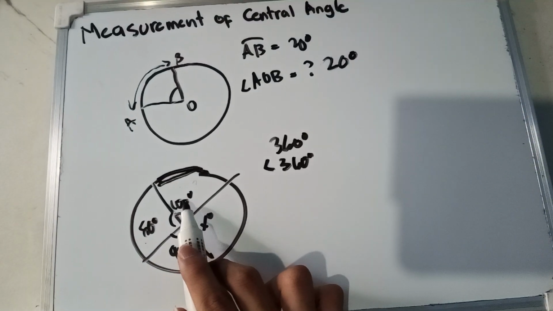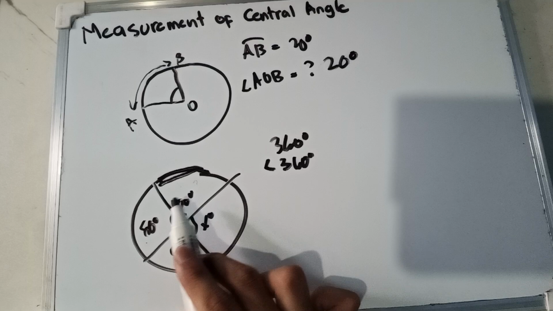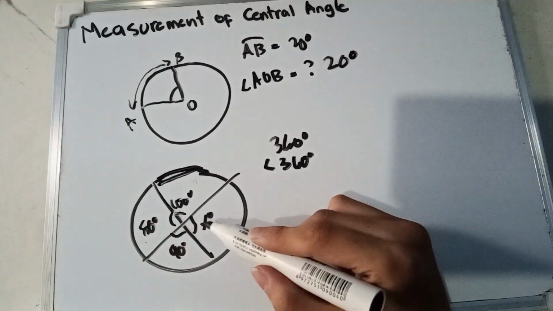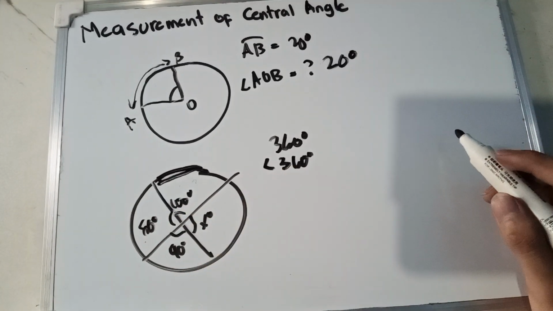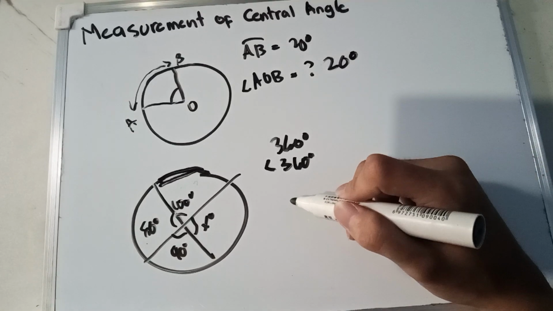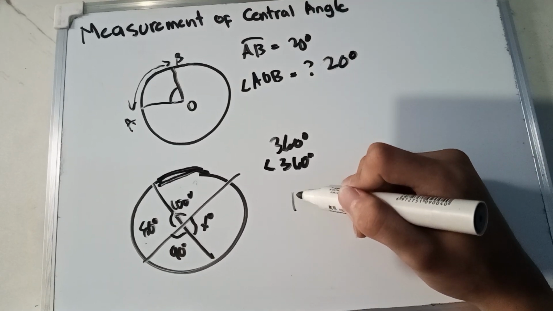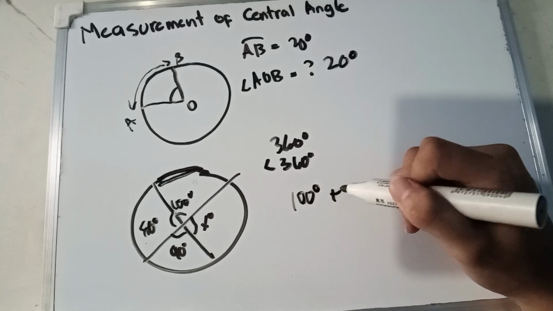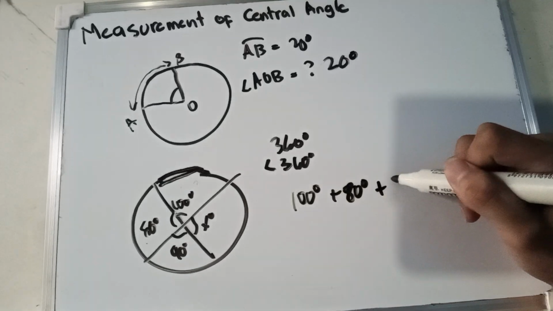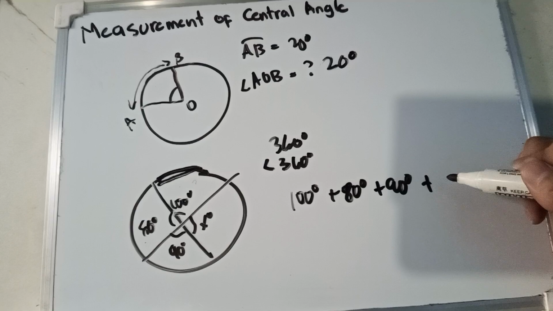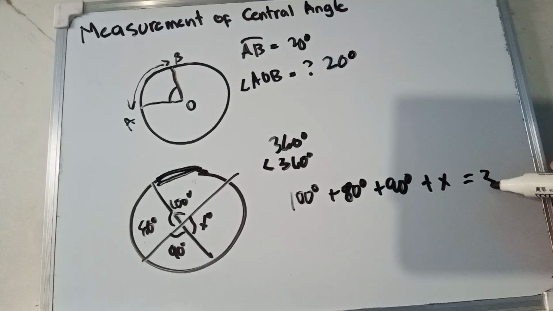So the total here is 360, right? If we add this up, it should be 360. So let's add this up and equate to 360: 100 degrees plus 80 degrees plus 90 degrees plus x equals 360.